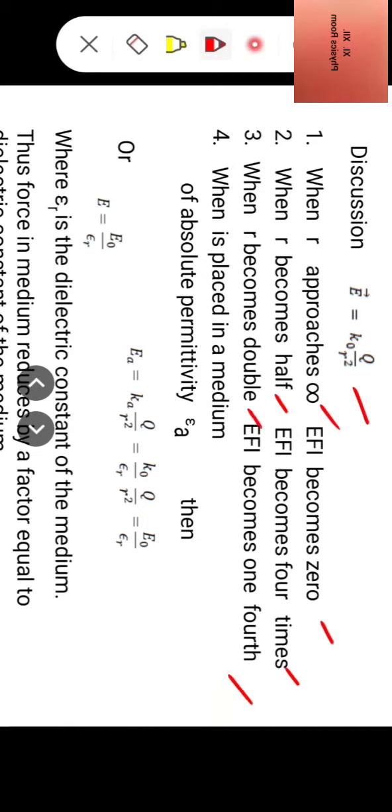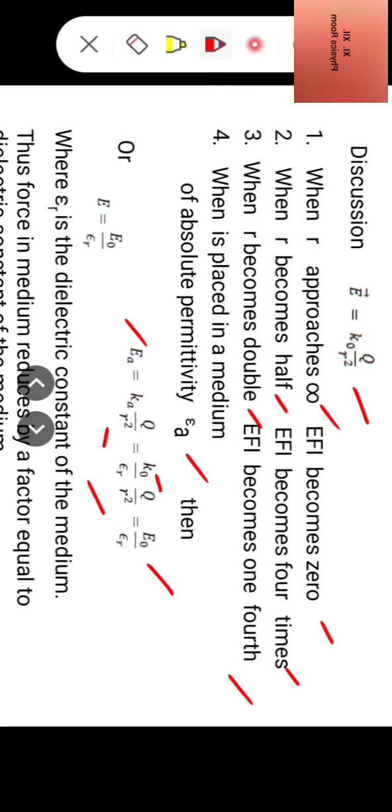Now when the charge is placed in a medium of absolute permittivity epsilon A, then EA is equal to Ka into Q by R square, or K naught by epsilon R into Q by R square, because K is equal to 1 by 4 pi epsilon naught epsilon R, and 1 by 4 pi epsilon naught is K naught. Or we can write K naught Q by R square as E naught.